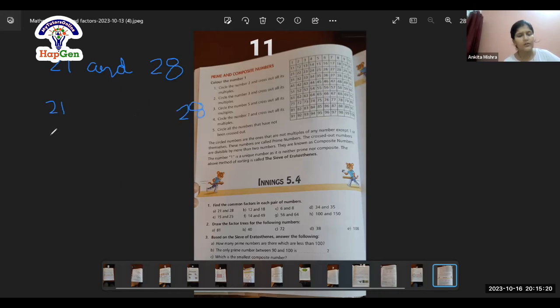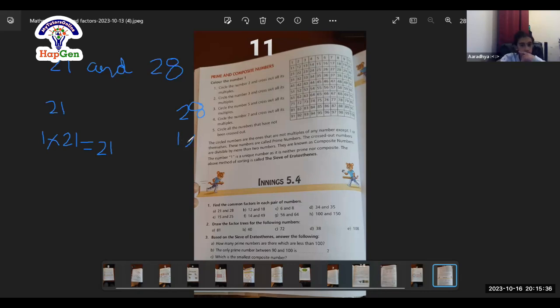The first factor is 1 into 21, and over here 1 into 28. So what is the first common factor that you get over here? It is common in both the numbers. Which factor is common in both? 1. Yeah. Let's try the second one.